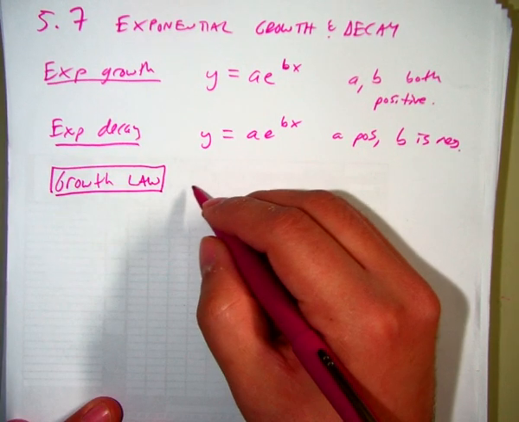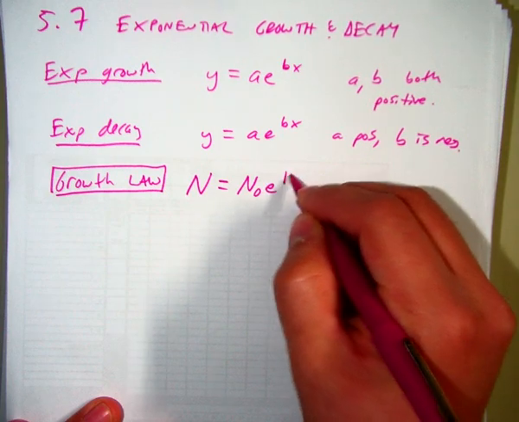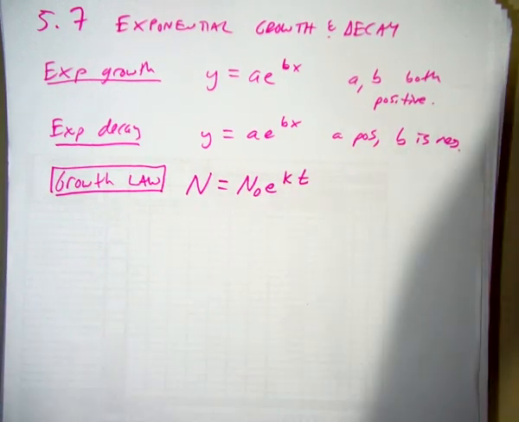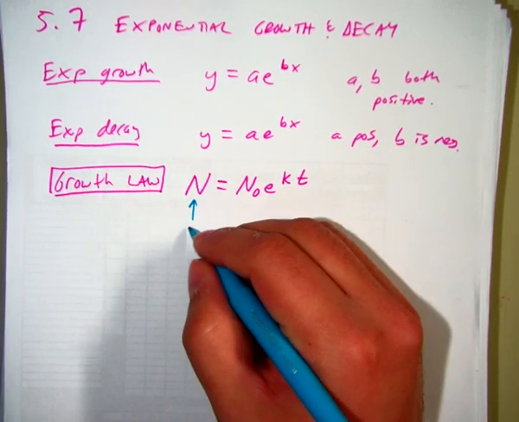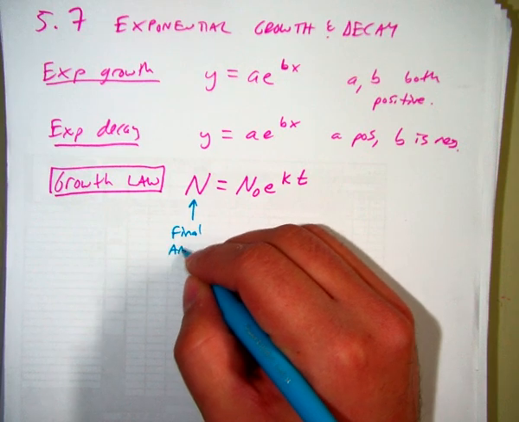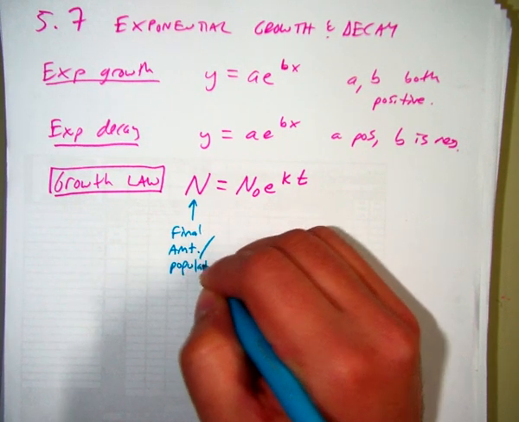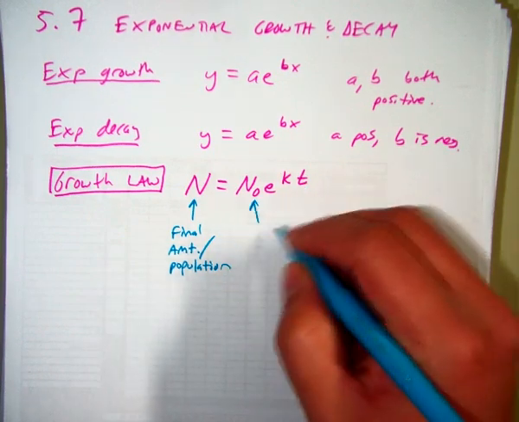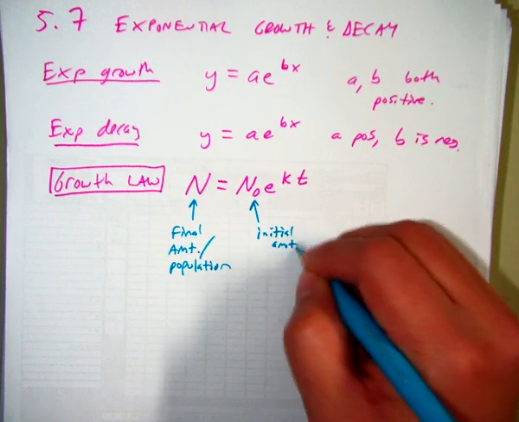The growth law is N equals N naught e to the k times t. Now, this variable N represents final amount or population. This is obviously initial amount or population.